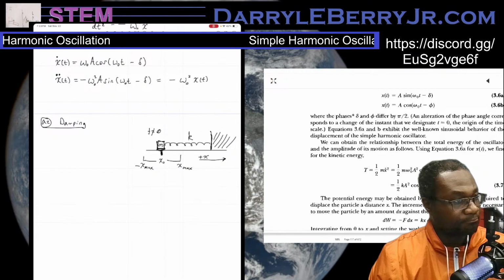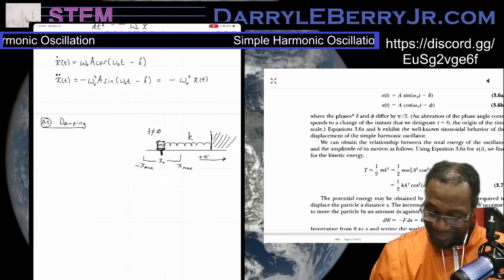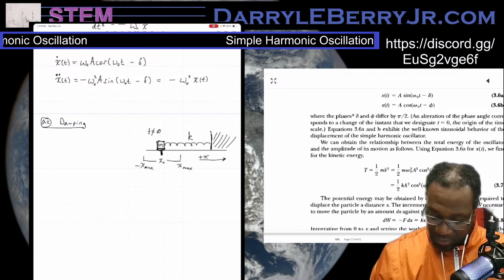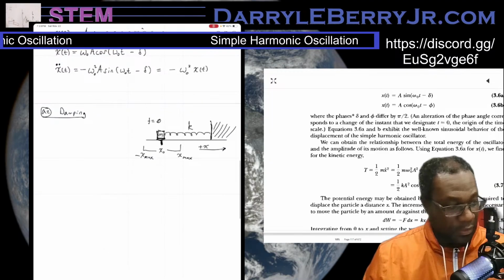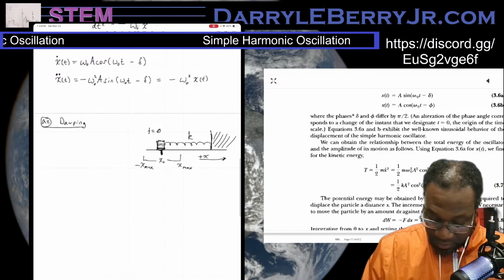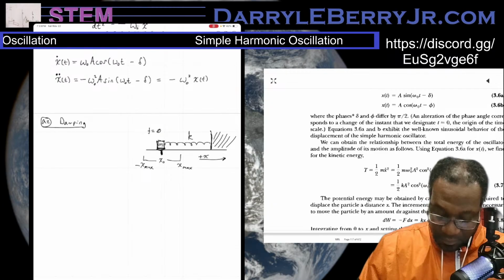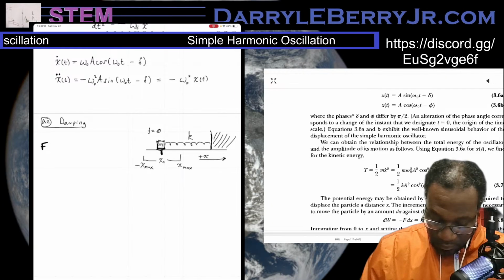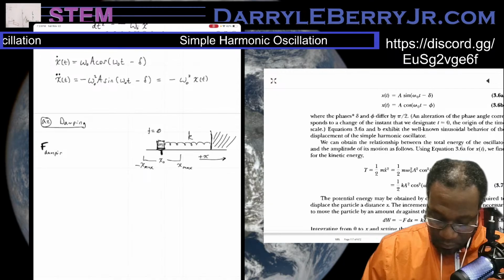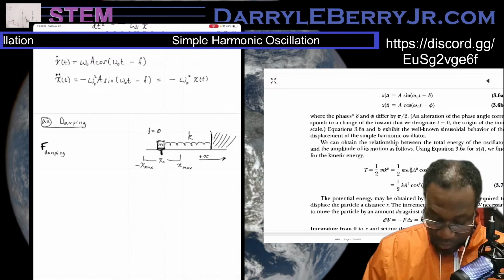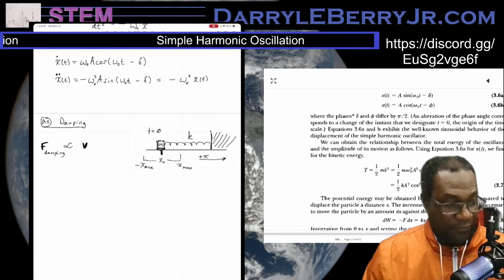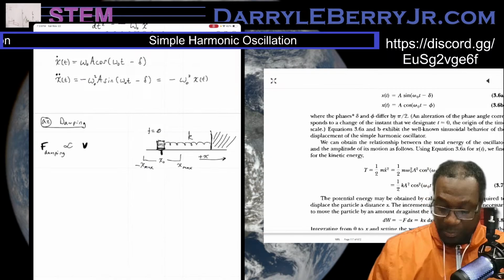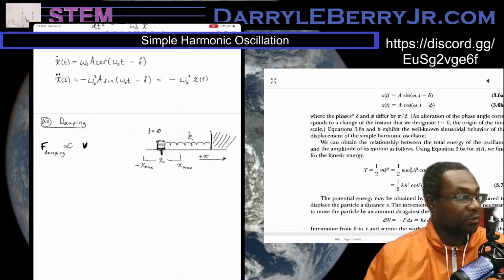I don't know if friction inherently is related to speed. So let's say we have a damping force that is proportional to velocity. Whatever this damping force is, it's proportional to how fast the object is moving.